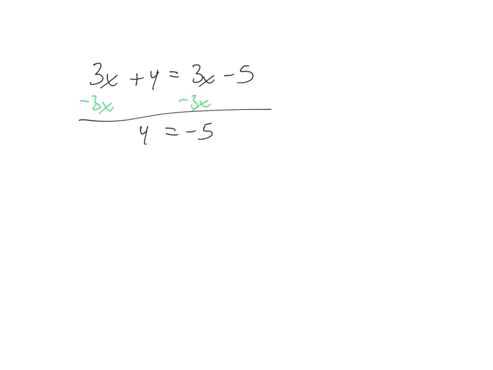And the 3x's both equal 0. And you get 4 equals -5. Well, that can't happen. So it's no solution.